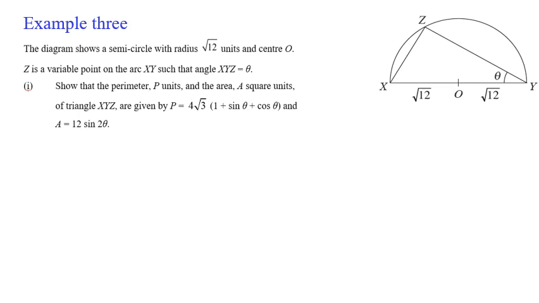We're supposed to show that the perimeter P units is given to be 4 square root 3 bracket 1 plus sine theta plus cos theta, and the area is 12 sine 2 theta. So how do we go about solving it? Right angle in a semicircle gives you 90. We need to simplify square root 12, which can be separated into square root 4 times square root 3.